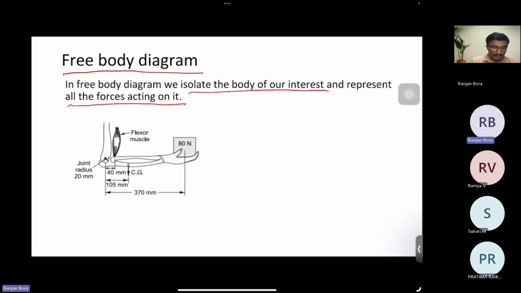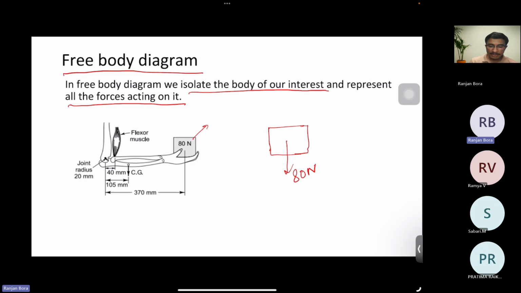If we are interested in drawing the free body diagram for this condition, then how to draw it? Let's assume we want to draw the free body diagram for this 80 Newton block. So we will isolate this 80 Newton block, and what are the forces acting on it? There is the force because of its weight, which is 80 Newton.